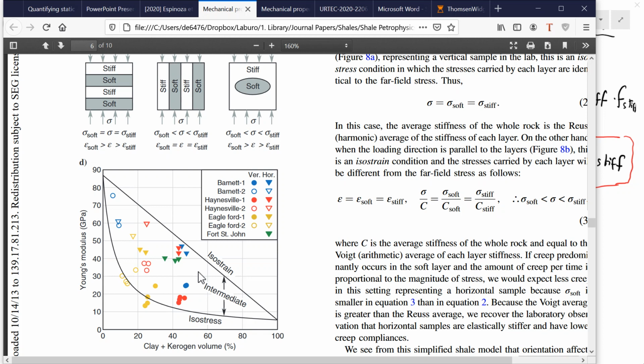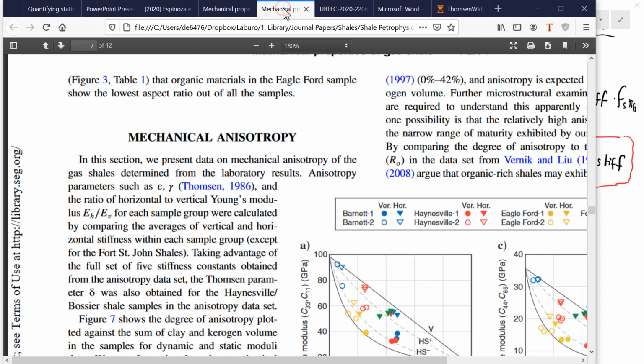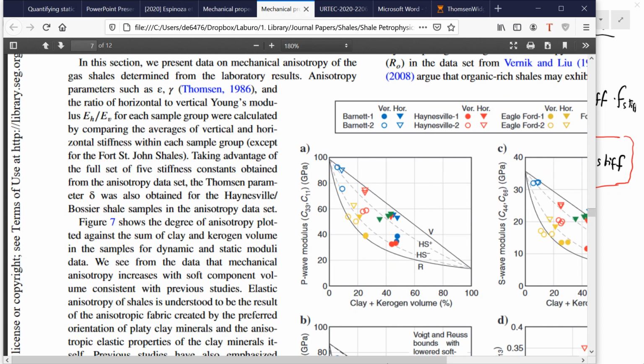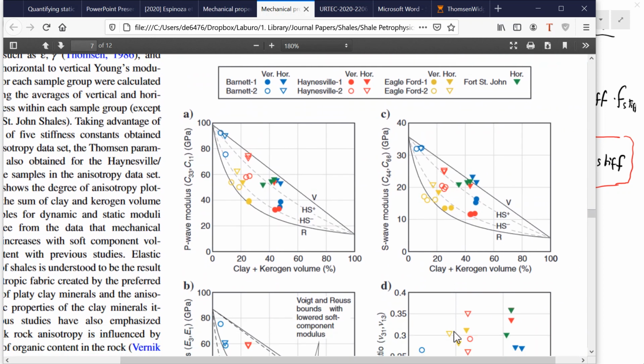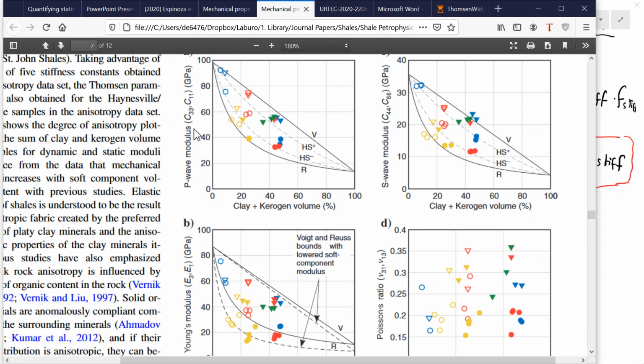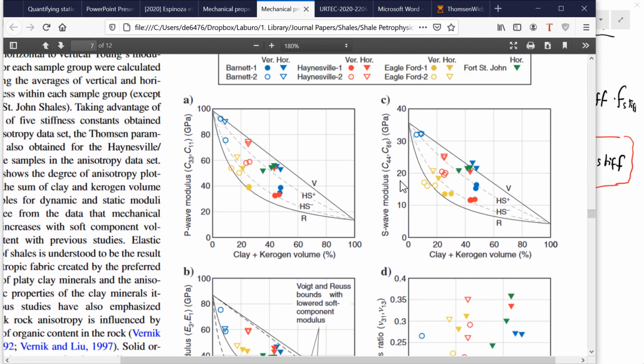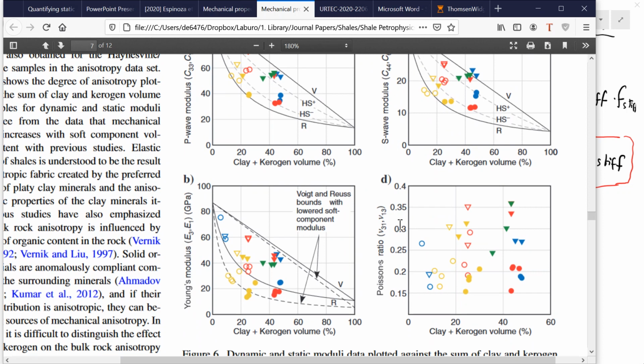You can do a similar derivation for the dynamic properties and also predict these upper and lower bounds for C33, C11, C44, and C66, and so on.